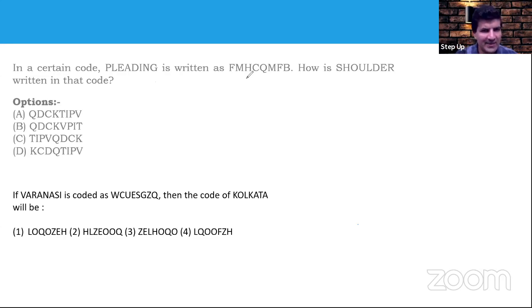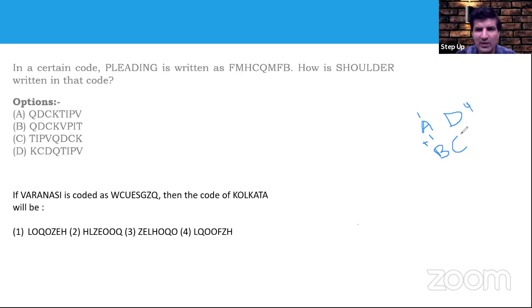Okay, pleading is written as this, right? So this is again a very simple logic. It's part of the coding decoding questions, right? So there are simple concepts that you should understand. That means how can a word move from one digit place to another digit place. If I say that AD is becoming BC, what could be the logic? It could be that A is becoming +1, so the place value of A is 1 and the place value of D is 4.